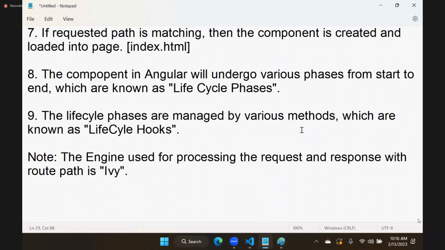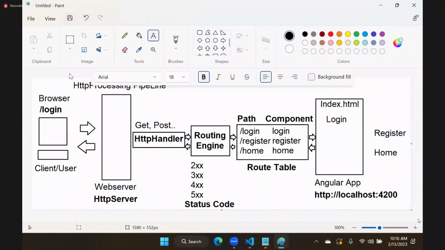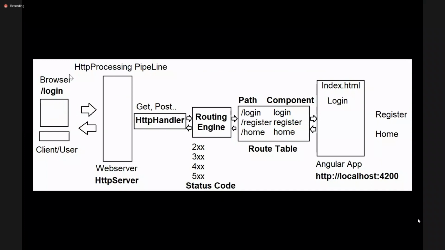Okay. So this is understandable to everyone, right? You make a request, it will go to the web server, and that will be processed by the handler. Using the routing engine, it will verify. Once the routing engine finds the path, it will load the component. Now in that component, what are the phases? You may ask, why do I need to learn these phases?